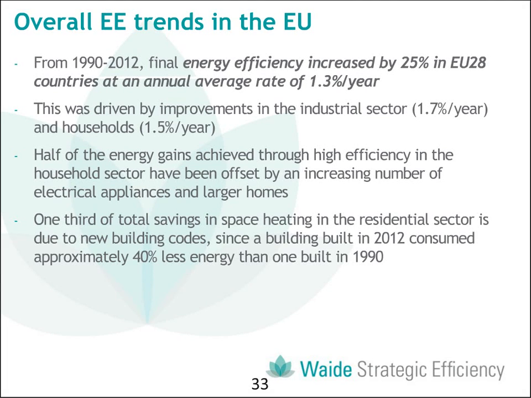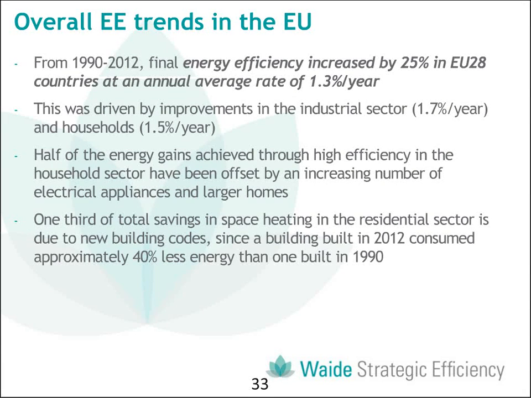Half of the energy gains achieved through high efficiency in the household sector had actually been offset by an increasing number of equipment and appliances and by larger homes. So, as you'll often find, energy efficiency improvements are actually fighting in total energy consumption terms against underlying trends which might be driving demand up.